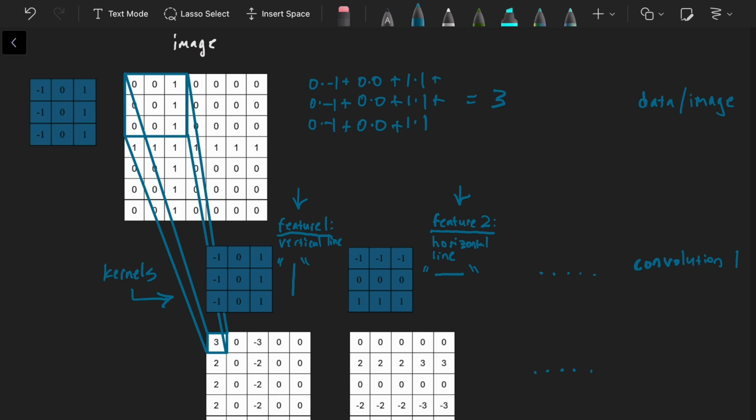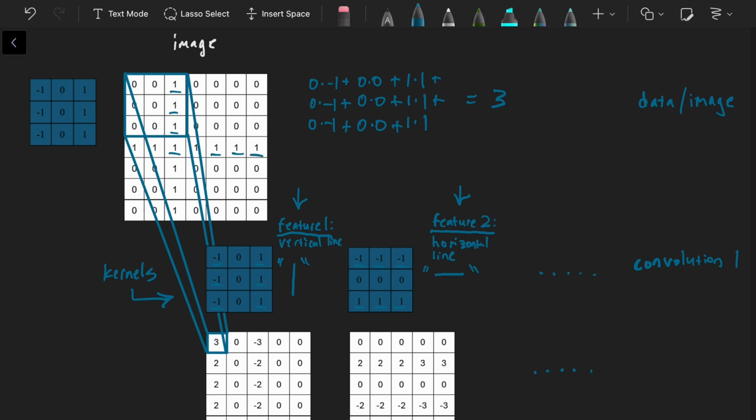And you can look into the history of kernels and how people used to make them to understand how this kernel captures a vertical line and how this one captures horizontal lines. I won't explain that here, but hopefully you can see how ones and negative ones are arranged differently to look for these different features. And you can see in our image we actually do have a vertical line as well as a horizontal line here.